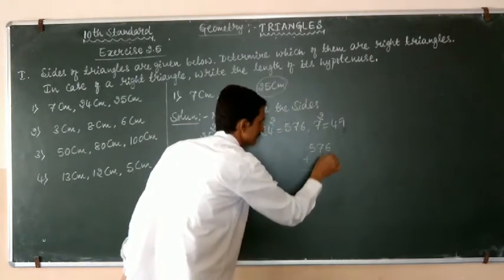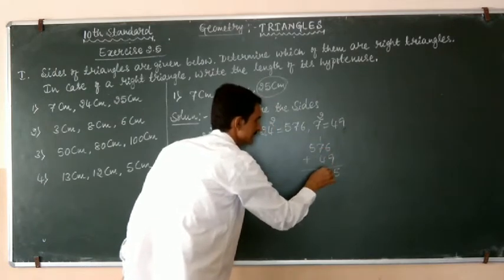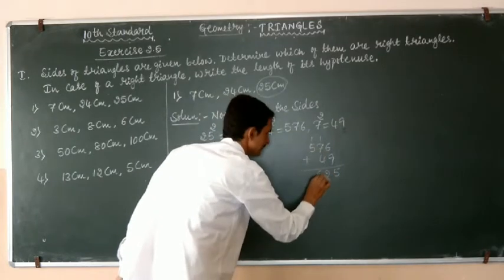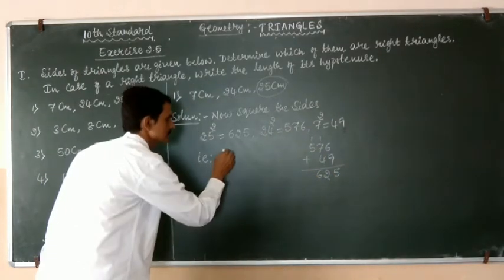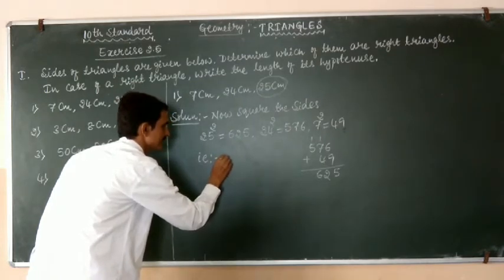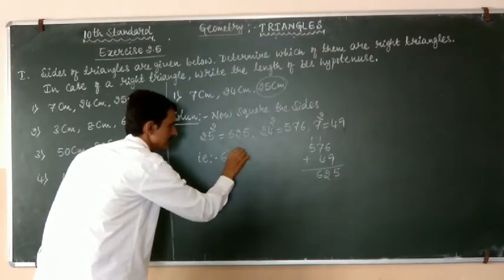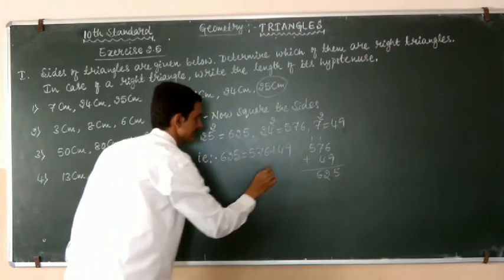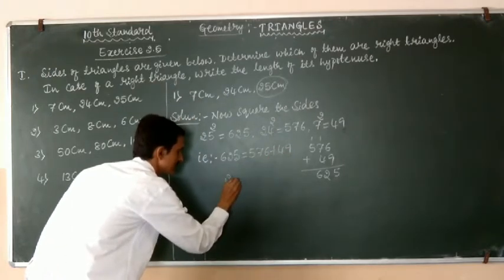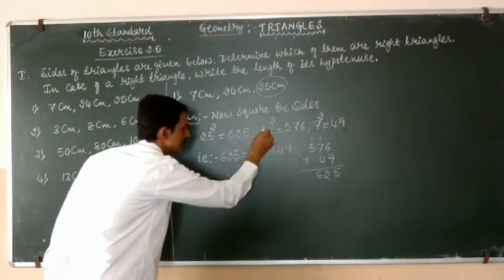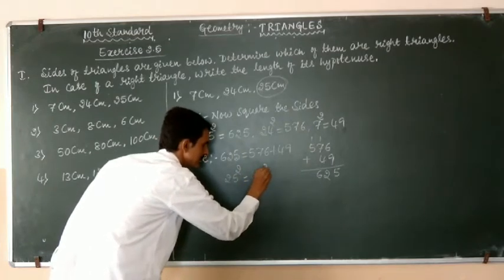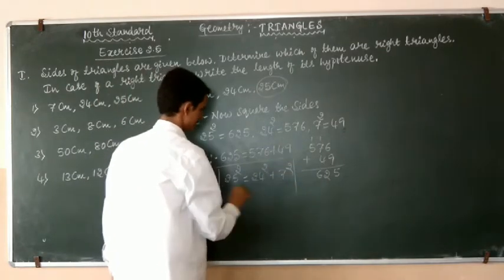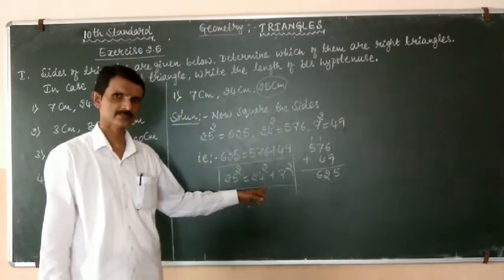So add: 9 plus 6 is 15, 1 carry, 8 plus 4 is 12, 1 carry, it is 625. So therefore we can write 625 is equal to 576 plus 49. So that means 25 square will be equal to 24 square plus 7 square.